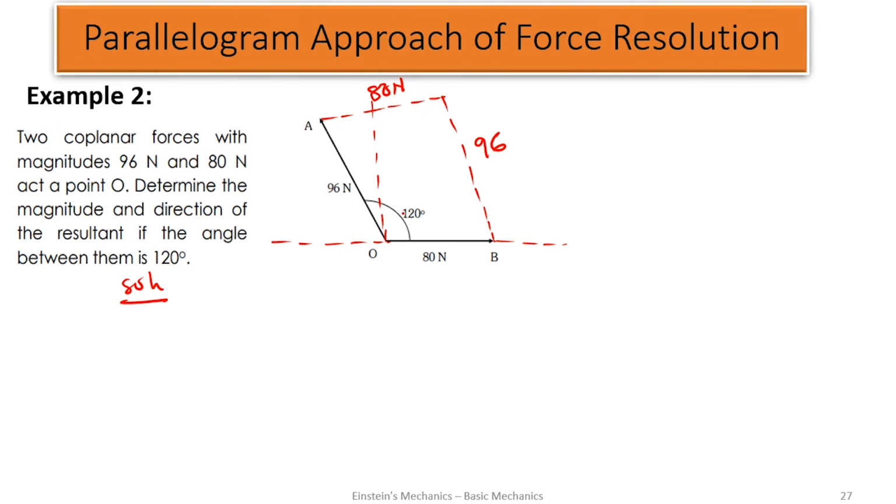Now the resultant will divide it into 2. This is the resultant, R. And if here is 120, the other opposite side will be 120. So what will be the remaining? Yes, the remaining angle left.